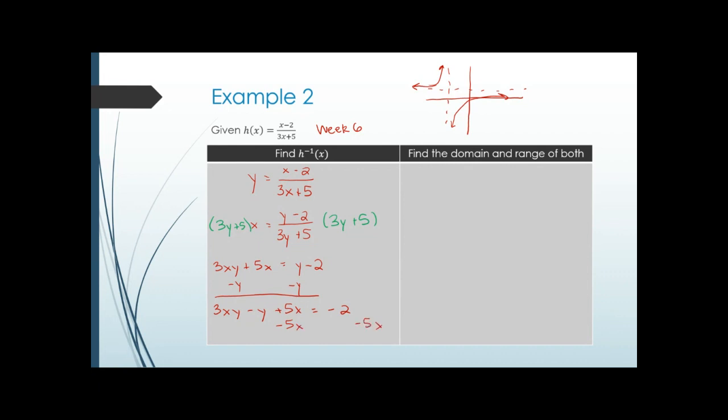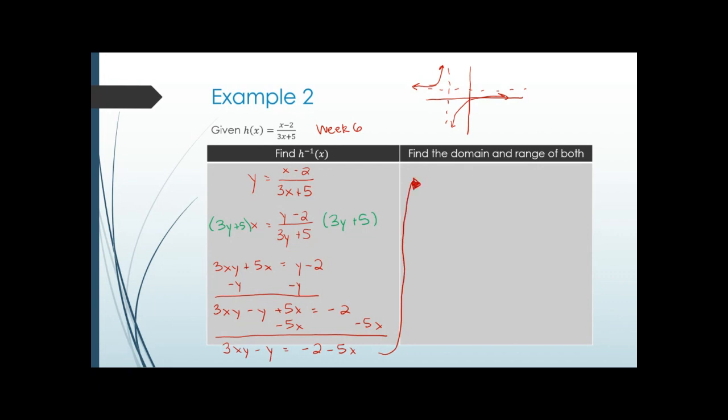So I'm going to subtract 5x from both sides. That gives me 3xy minus y equals negative 2 minus 5x.